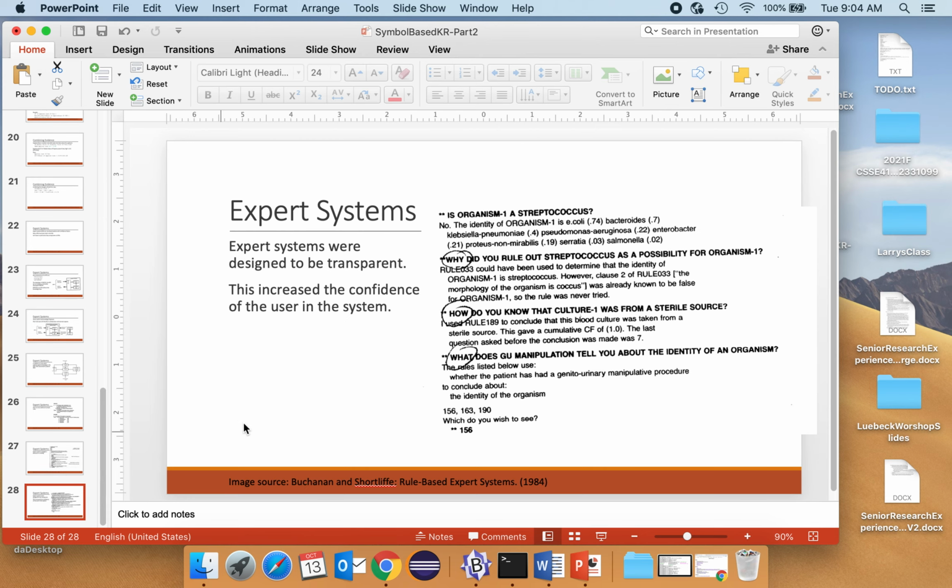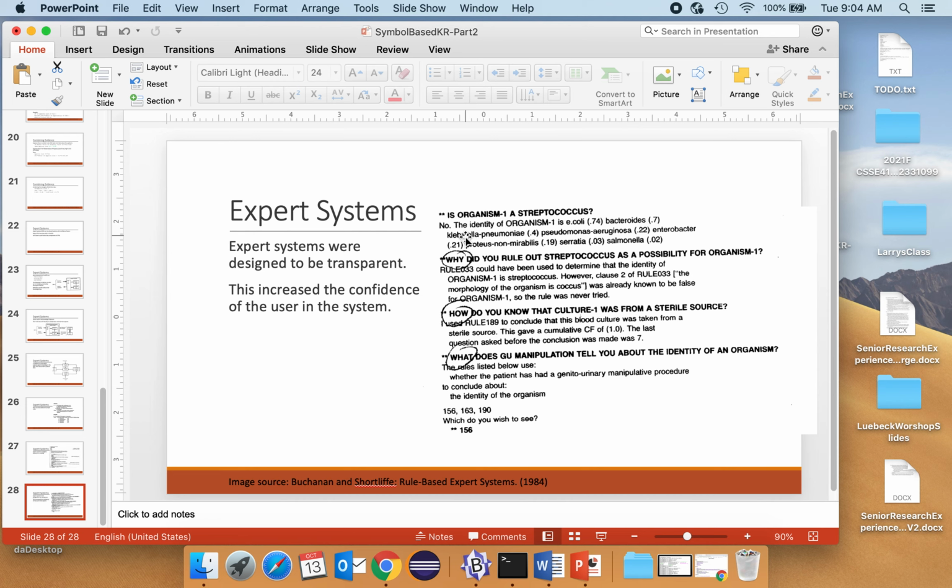So let's instead have a look at some aspects of expert systems that are designed to be very, very transparent, and to a certain degree help a non-expert physician to eventually become an expert in the field. So for example, the expert system asks the question, is organism 1 Streptococcus?